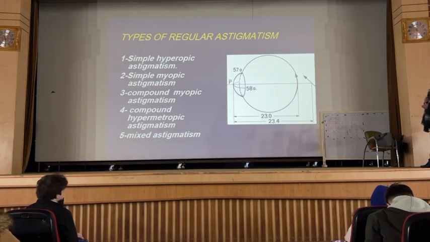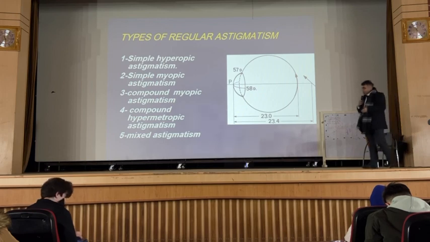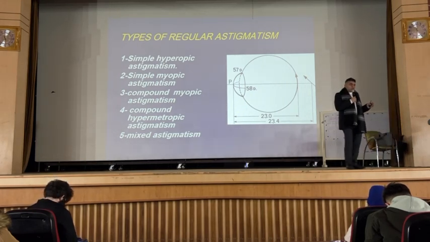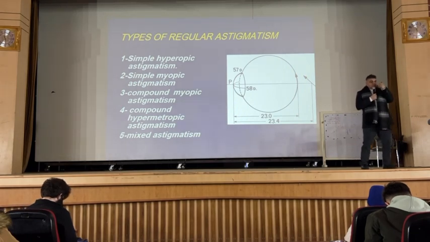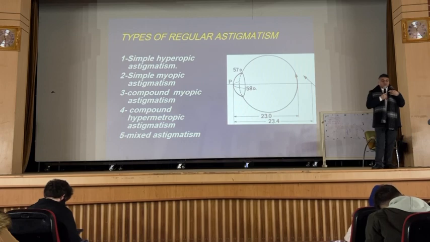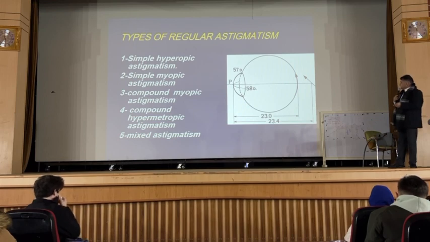If we have astigmatism, this is a problem here. This could be simple hypermetropic astigmatism: in one axis, for example the vertical axis is normal, while the horizontal axis is hypermetropic. Or simple myopic astigmatism.